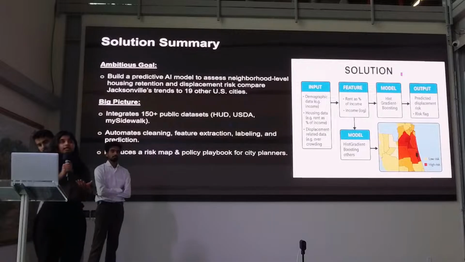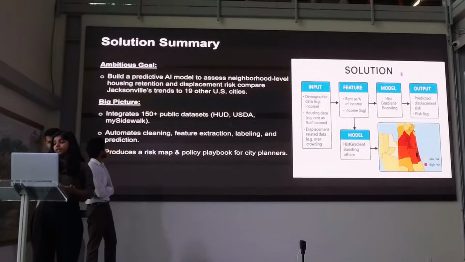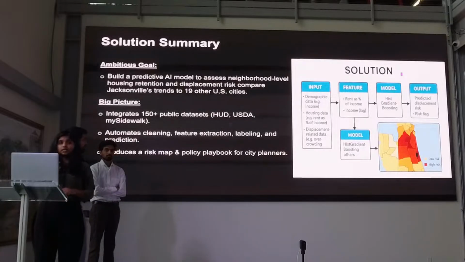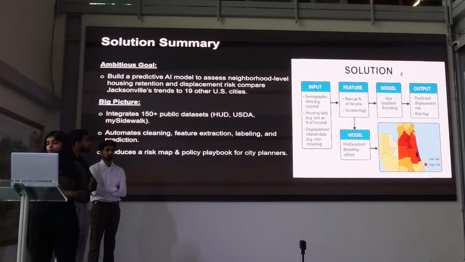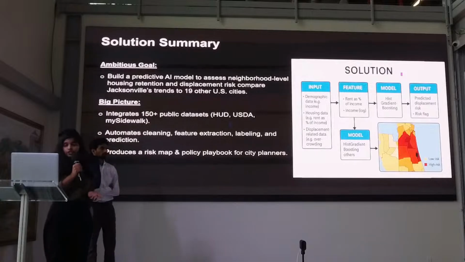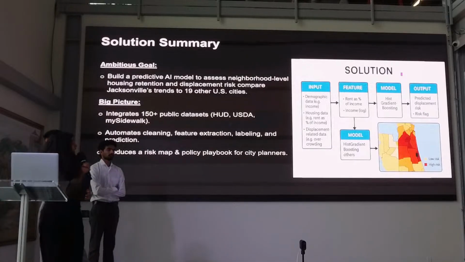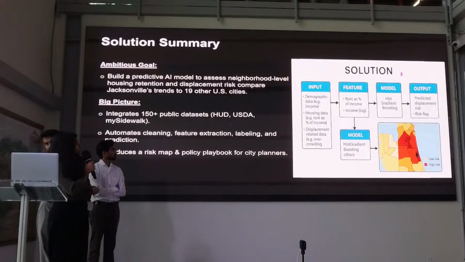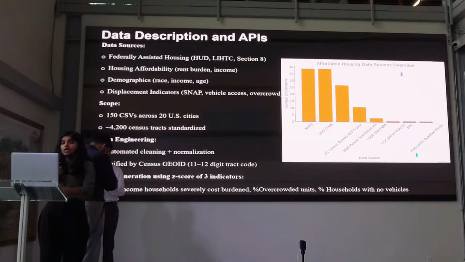We used more than 150 public data sets from sources like HUD, USDA, and MySidewalk. The system automatically cleans and prepares data, finds important features, and makes predictions. On the right side, you can see the outputs, the risk description, and APIs.